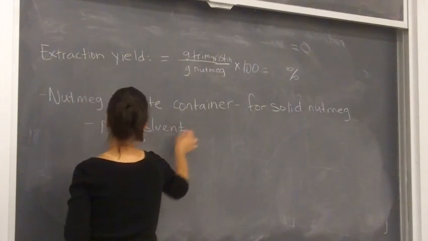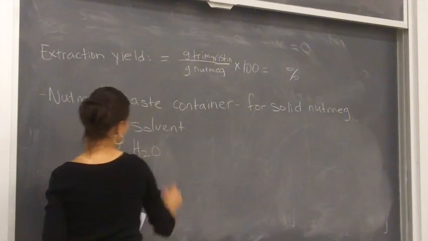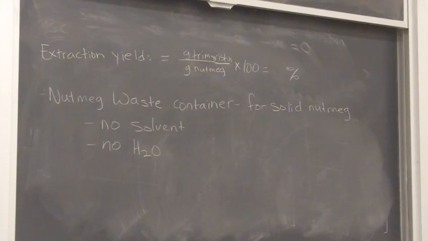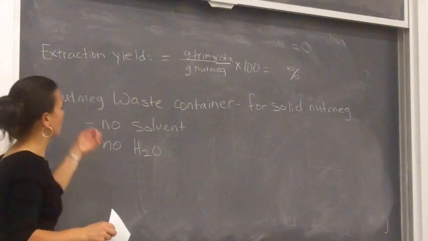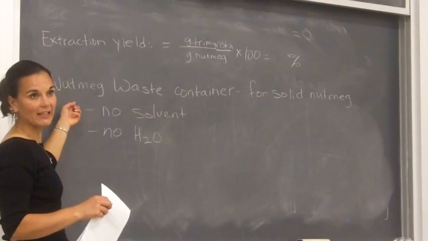Don't add any extra water. We just want your solid nutmeg. After you've completed the extractions, let things dry out a little bit, you'll be able to scrape your solid nutmeg into the waste container, okay? So the solid nutmeg from your filter paper, the solid nutmeg that's left in your flask goes in this container. But don't try and rinse it with anything into the container.